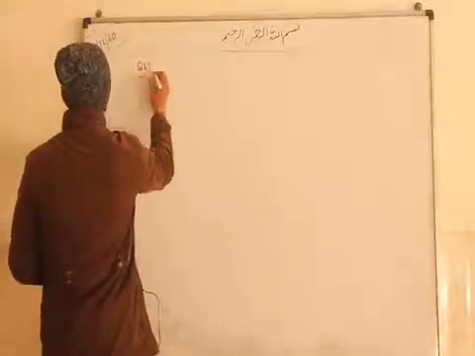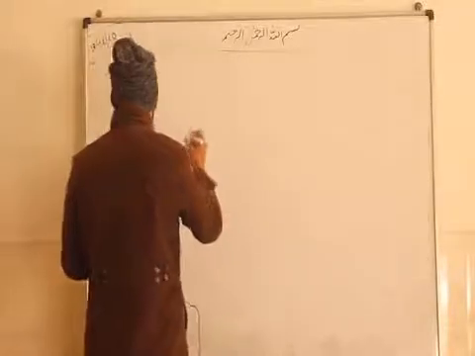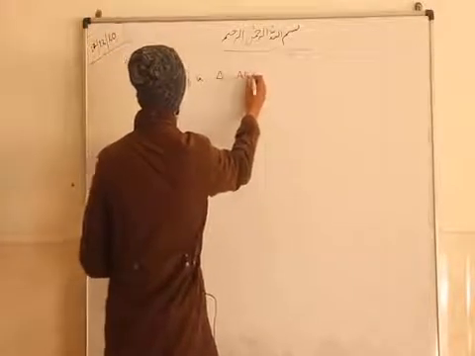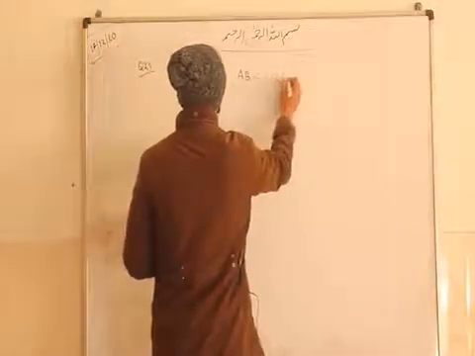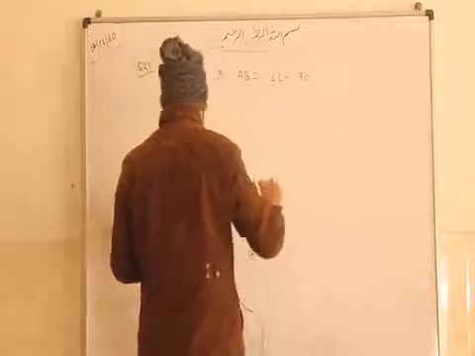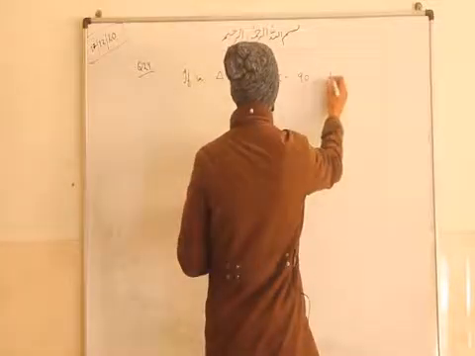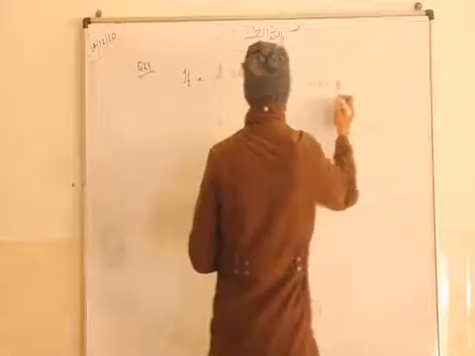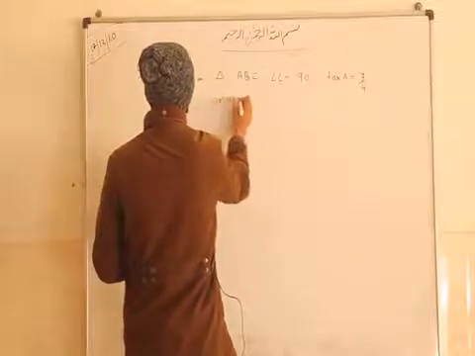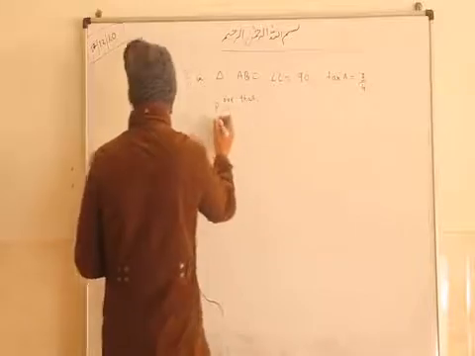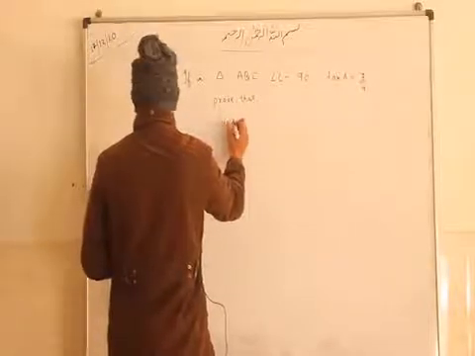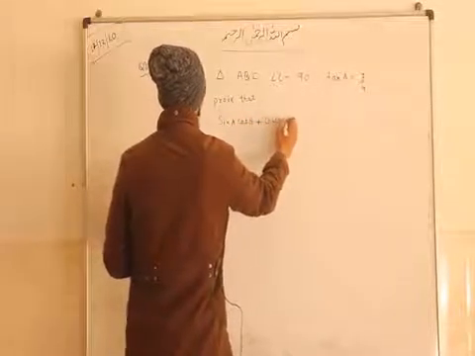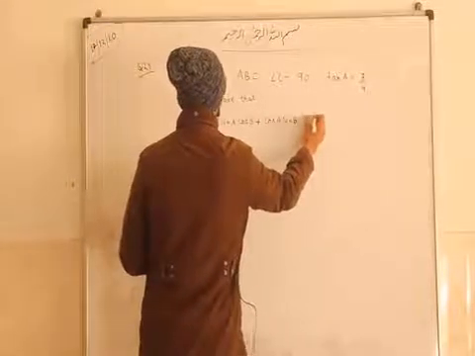Question number 27. If in triangle ABC angle C equals 90 degrees and tan A equals 3 by 4, then we have to prove that sin A cos B plus cos A sin B is equal to 1.